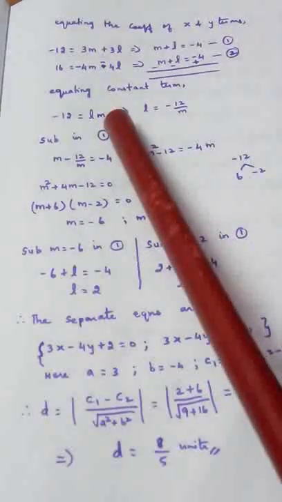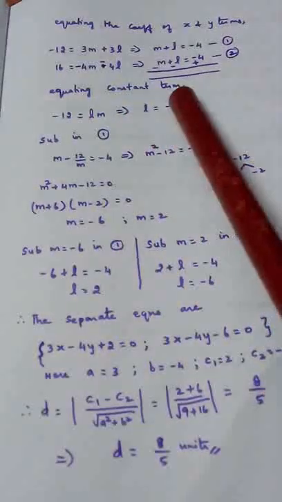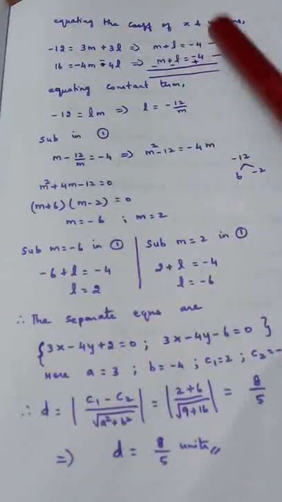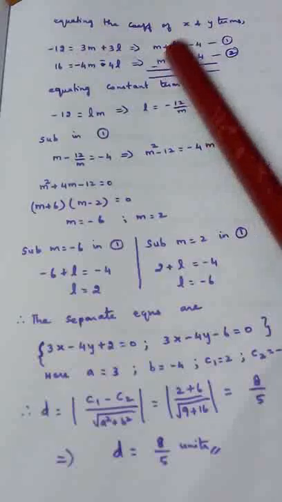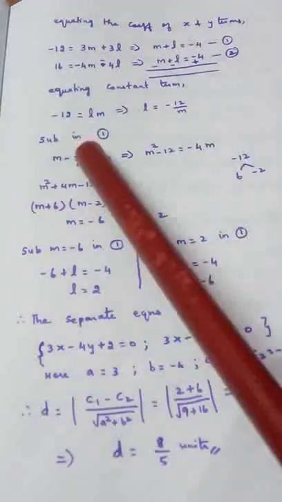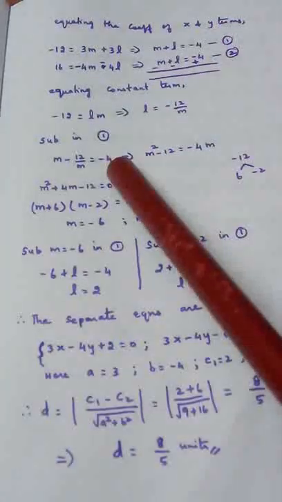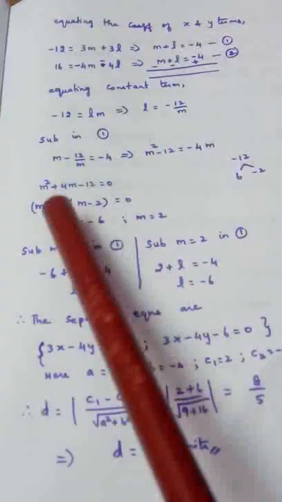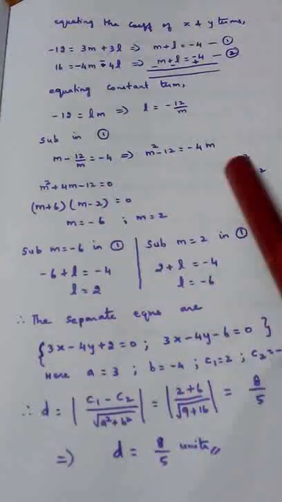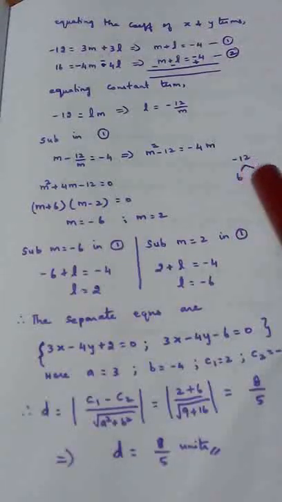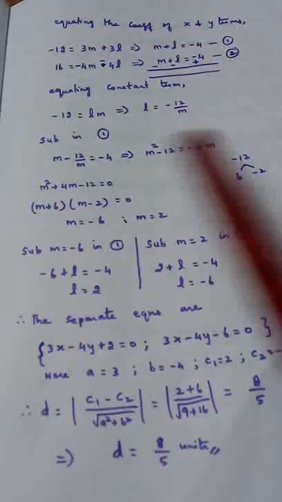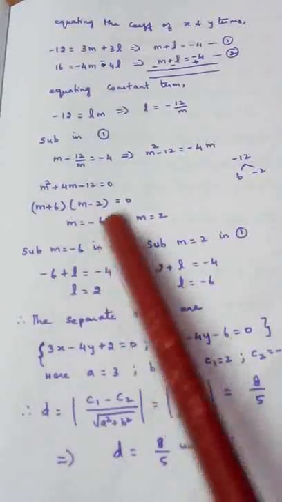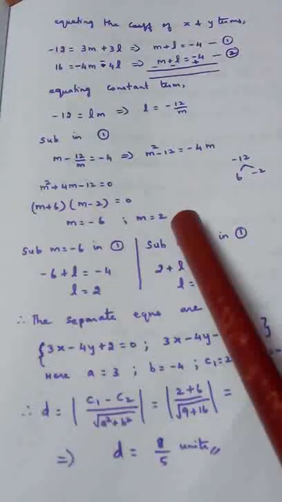Taking M to the other side, L is minus 12 by M. Substitute this in any one of these 2. We substitute in 1. In place of L put minus 12 by M, equal to minus 4. Cross multiplying and simplifying, we get a quadratic equation. Factorize, minus 12 is split like this: M plus 6, M minus 2. Two values for M: one is minus 6, the other is 2.